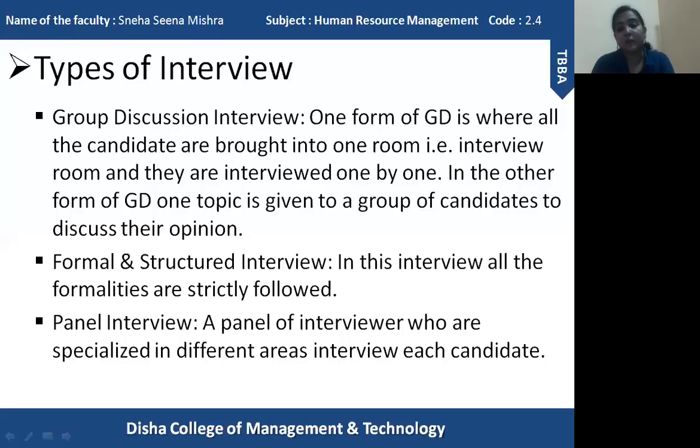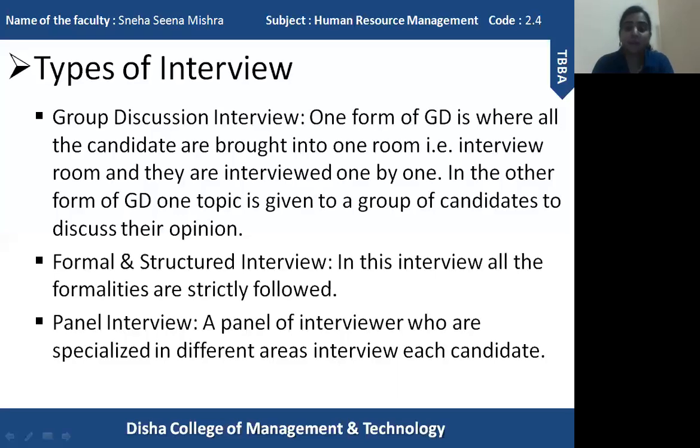So for that purpose, in order to properly measure the knowledge and the capability of the candidate, a panel is created. Now the panel has expert and specialized people in different areas, in different sections. One may have specialization in HR, one in finance, logistics, whatever may be related.